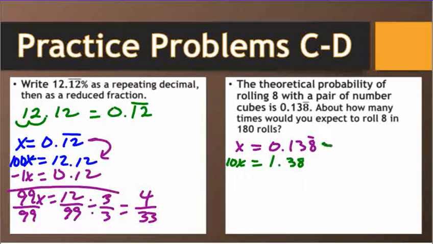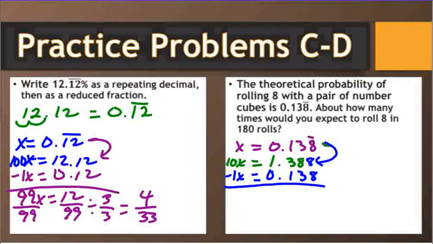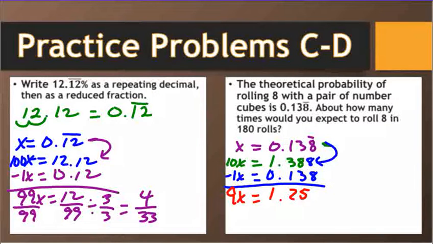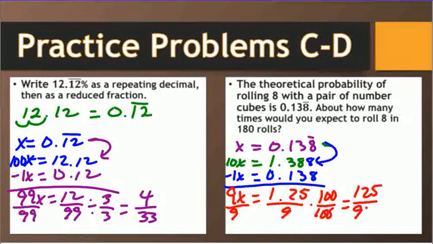Subtract this top equation from the bottom one, so minus 1x equaling 0.138. Remember, the 8 is repeating here. Subtract it, you get 9x equaling 1.25. Divide by 9. To get rid of my decimal, I need to multiply this by 100. So this would be 125 over 900.